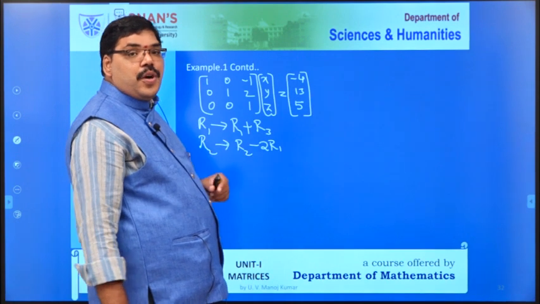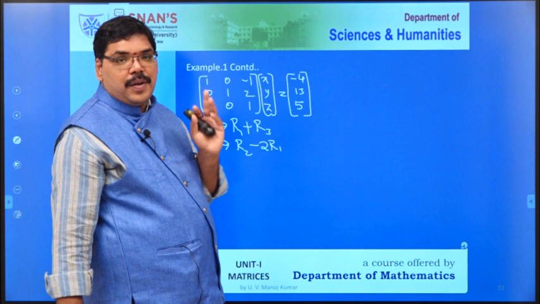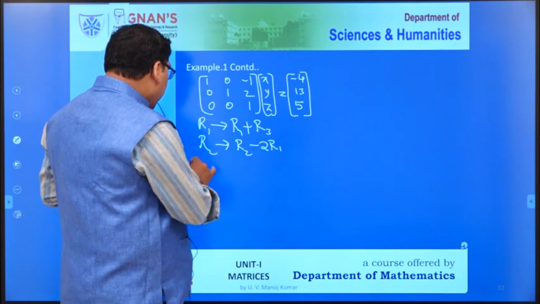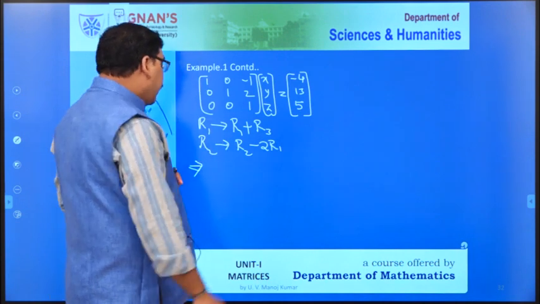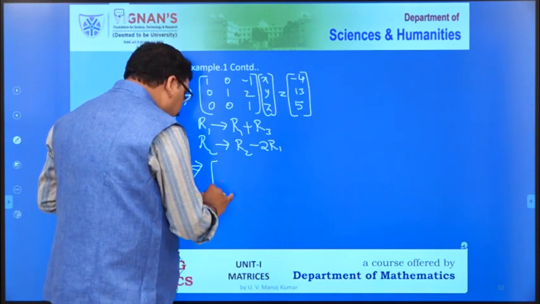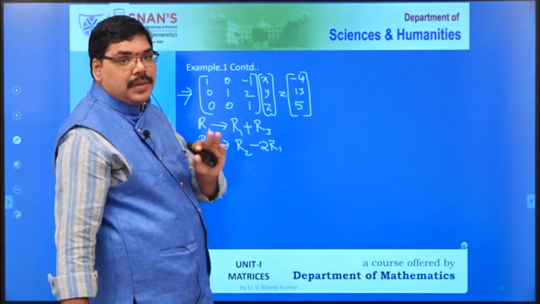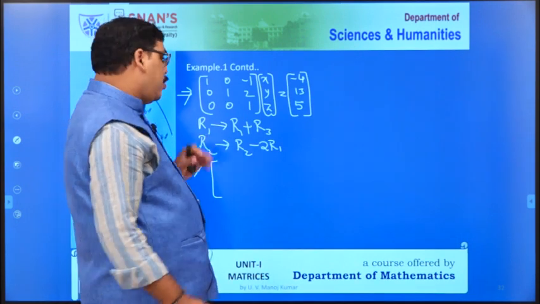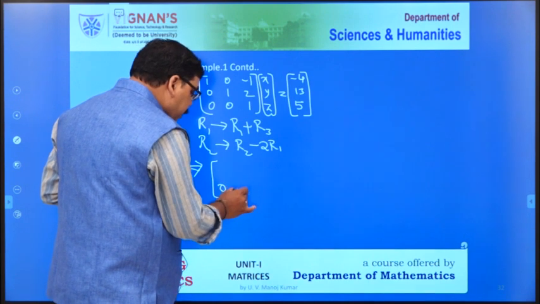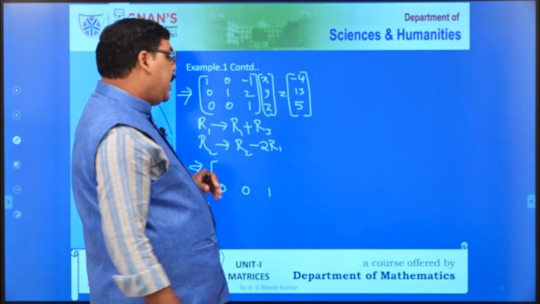So apply these two row operations and reduce the matrix into normal form. What happens? Let us apply. We are changing first row, second row. Third row is not changing. So write it as it is. First row R1 plus R3, add them.